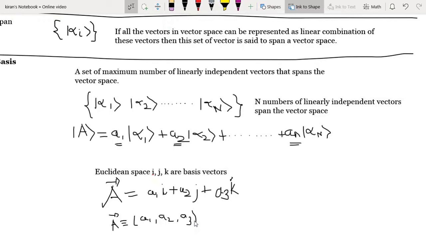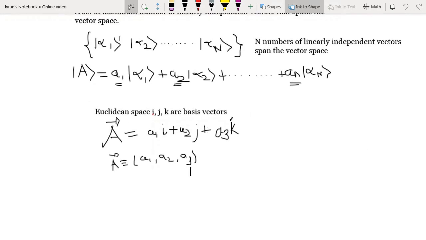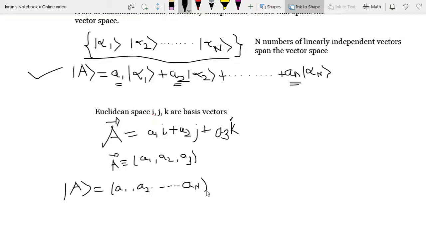Isn't it? Similarly, over here as well, a vector in a vector space is represented as a linear combination of the basis vectors alpha 1, alpha 2, alpha 3, up to alpha n. So I can represent this vector A in the vector space just by the coefficients a1, a2, up to an.